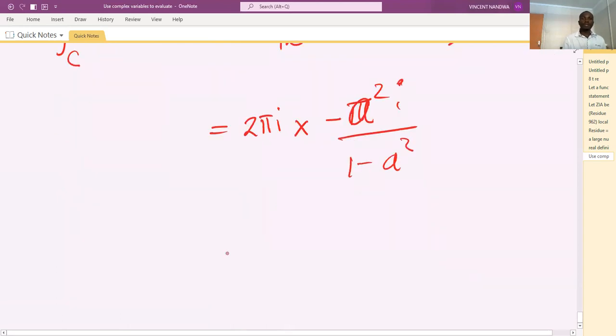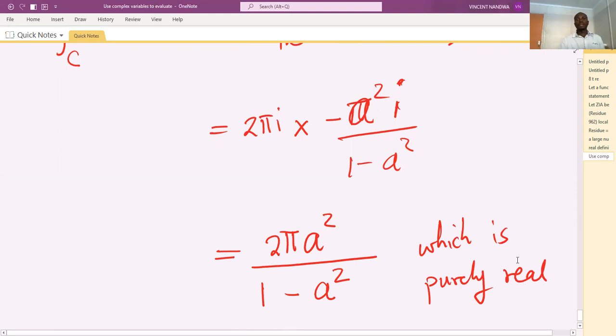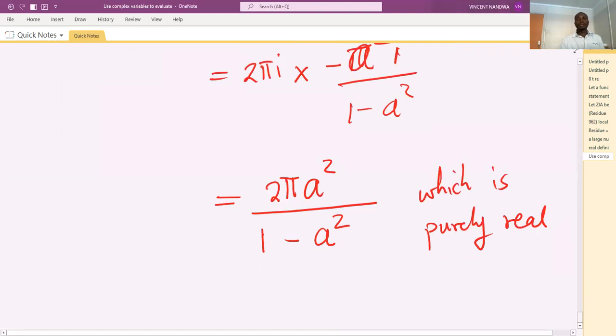And you see, this i times i is i squared, which is negative 1, and negative 1 times this negative 1 gives positive 1, so we just have 2 pi a squared over 1 minus a squared, which is purely real. And that was our interest, to find the real value of the integral.